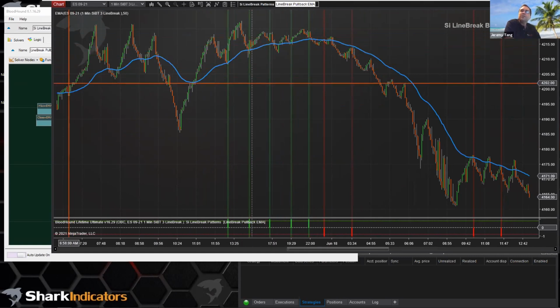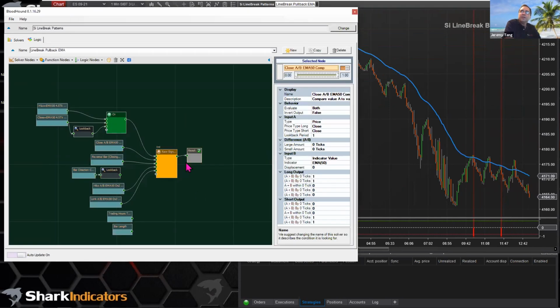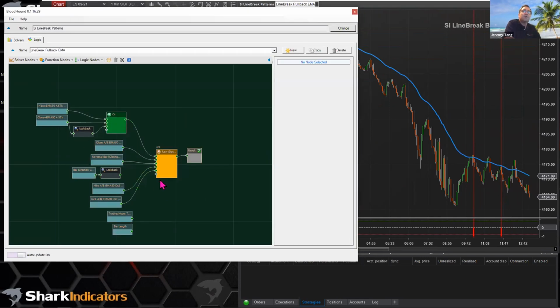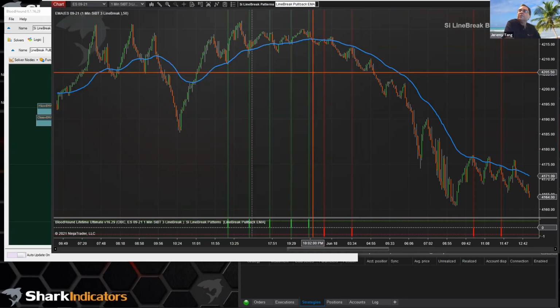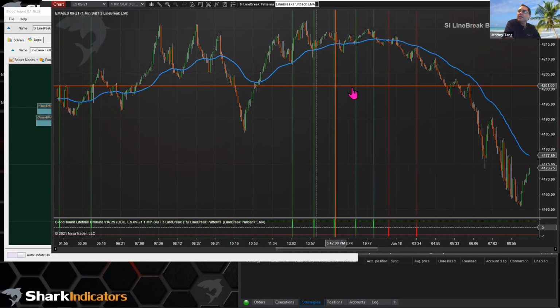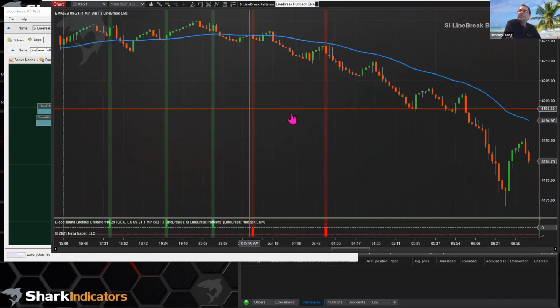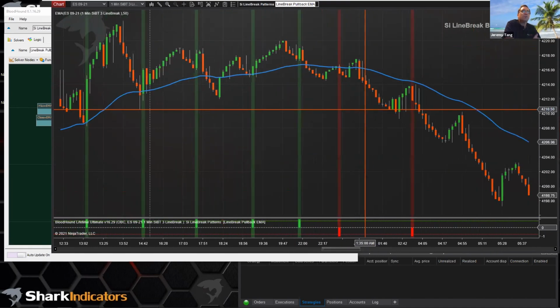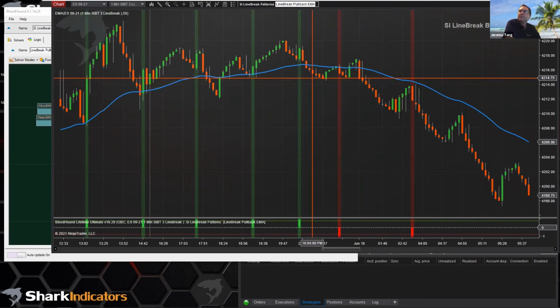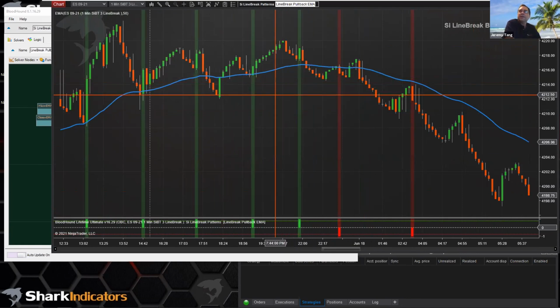So this BloodHound template, the way it was built is it's just the raw bounce signals. If you look at them mechanically, they are all bounce signals, but of course, as a trader, do you really want to just take every single signal? Probably not.